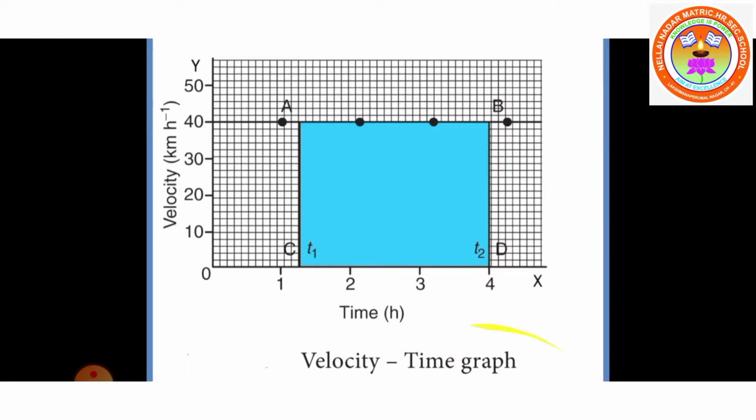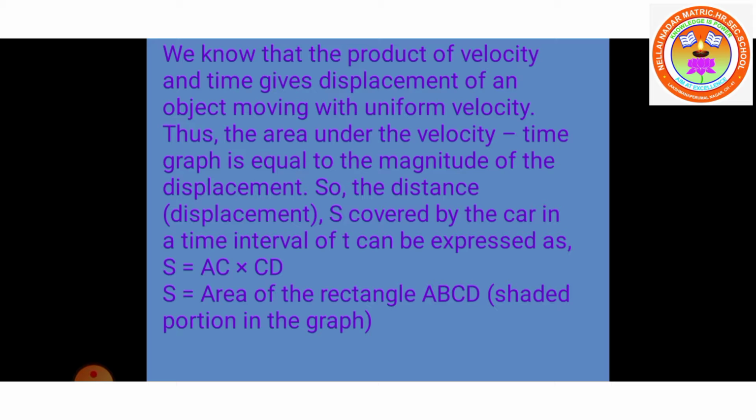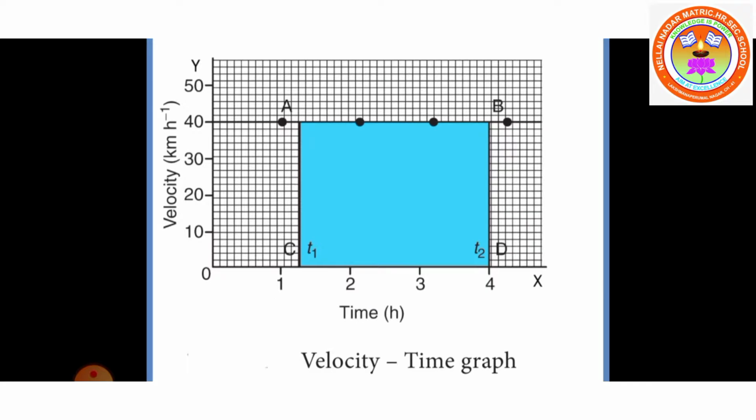Time is taken on the x-axis, the velocity of the car is noted on the y-axis, and drawing the graph gives a straight line parallel to the x-axis. From that graph we understood that the motion of the car is uniform motion.